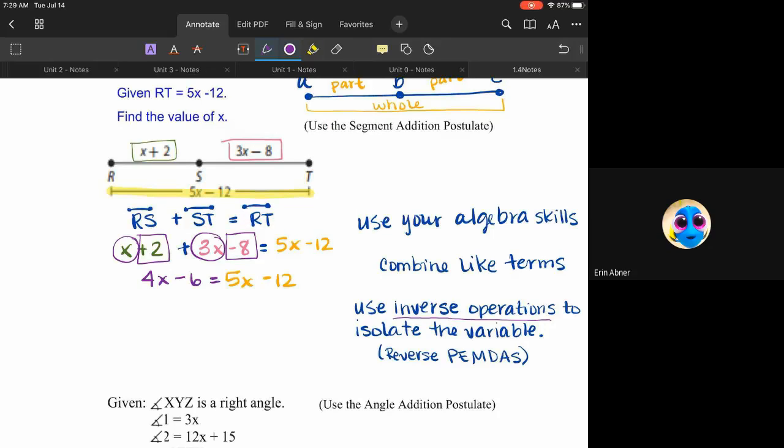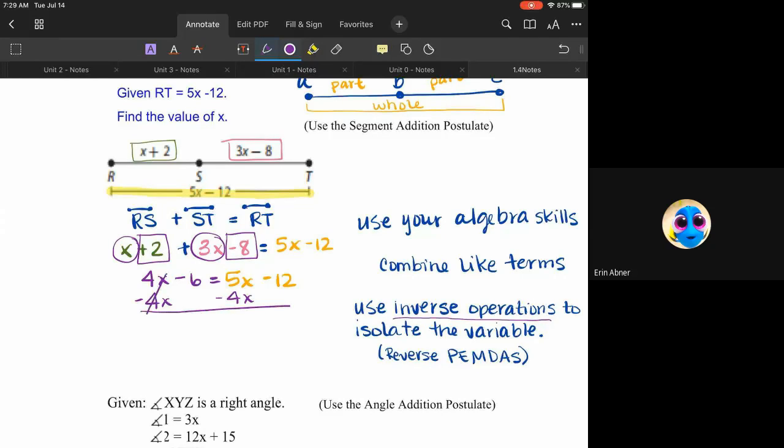Okay, moving on to the next step. This was the first thing we did, combine like terms. So now I'm going to use inverse operations to isolate the variable. So that means I'm going to have to move some things from one side of the equal sign to the other. I'm always going to go to where my x term is positive. So since my 5x is bigger, I'm going to subtract 4x from both sides.